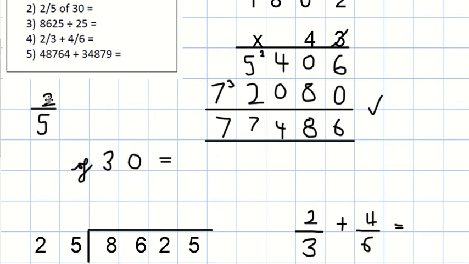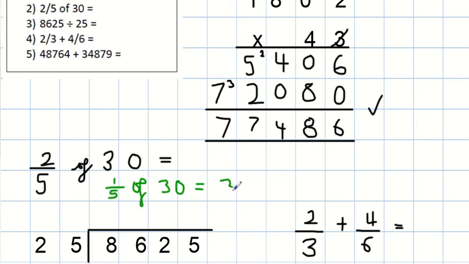I'm just going to bring down here so we've got a little bit more room. We want to know what 2/5 of 30 is. Okay, well to begin with, I know that I can find 1/5 of 30 by dividing by 5. So 30 divided by 5 will be the same as 1/5, and 30 divided by 5 is 6.